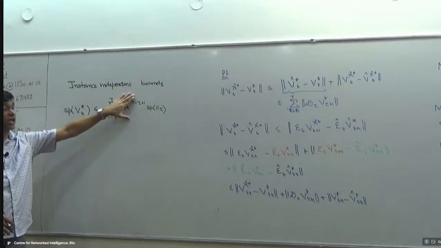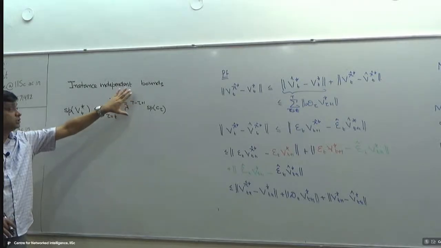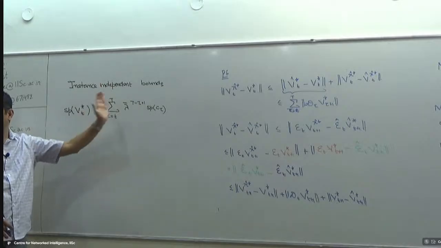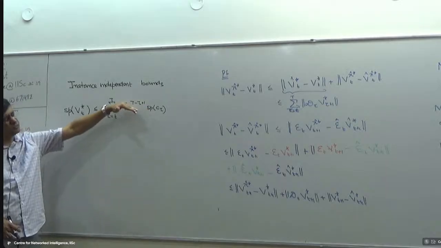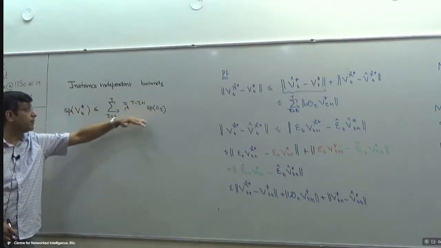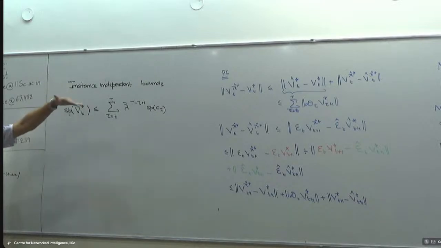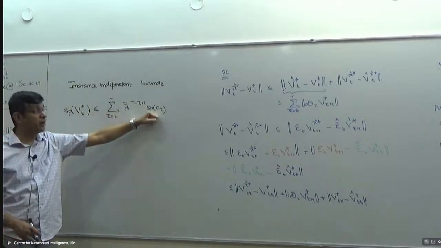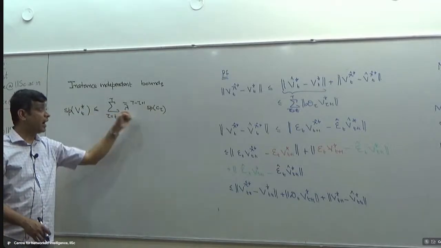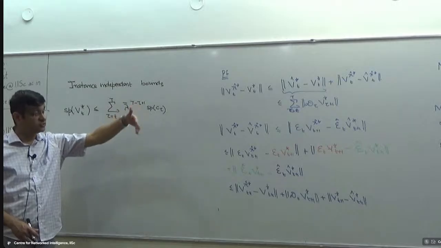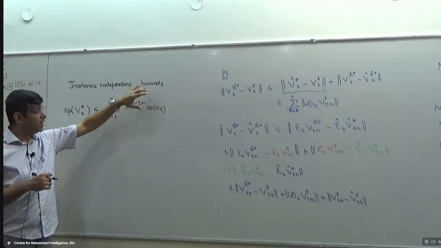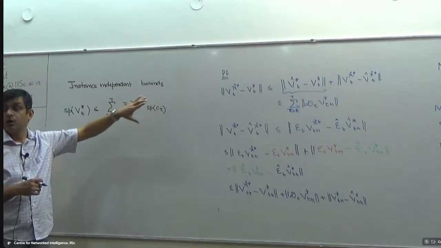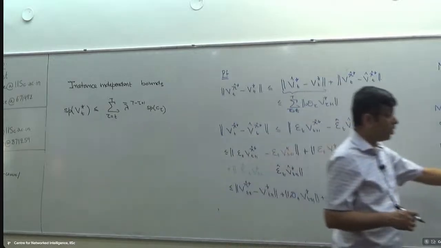In the worst case, there is no contraction, so this is equal to 1, and I get the span of the cost functions at each time. All I need to do now is do this calculation in the hat model. So I know the span of the cost function in the hat model, and by this I can get an instance independent bound for which I do not have to solve the dynamic program in the hat model to give a bound on the model error.